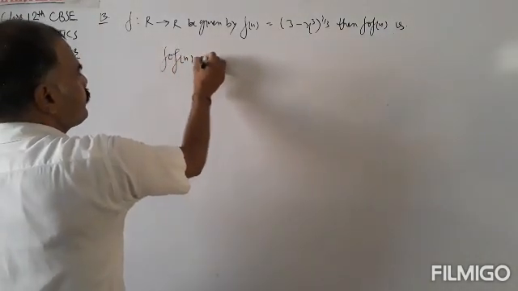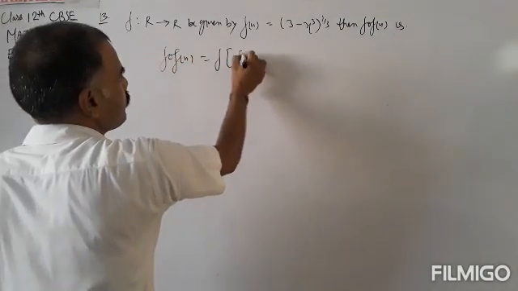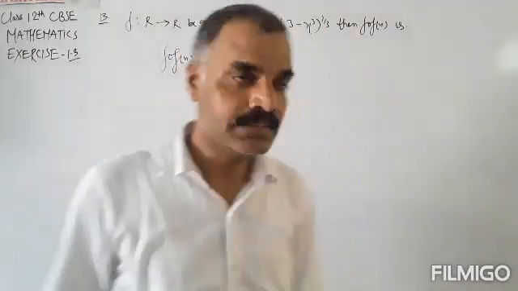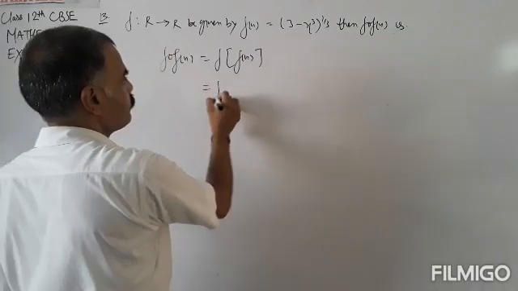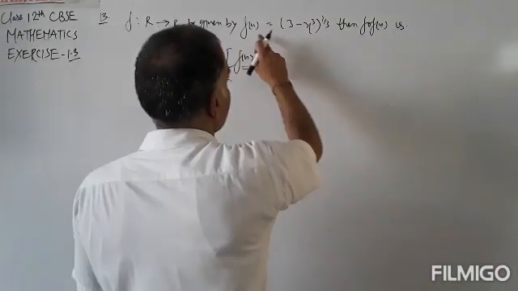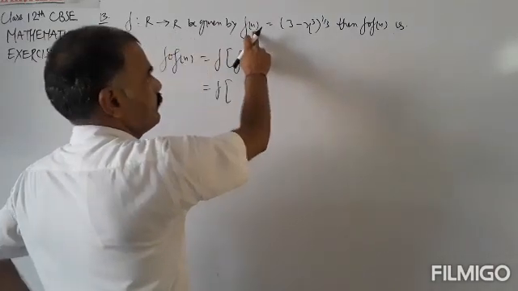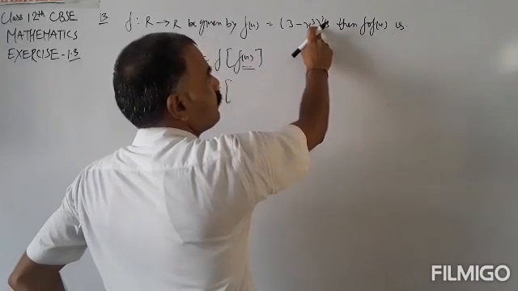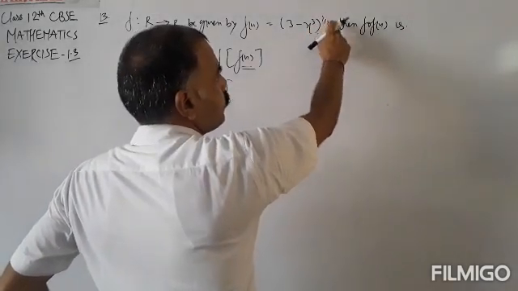fof of x, that is f of function x. Finding f of function x. The image of x under f is (3 minus x cube) whole cube root.